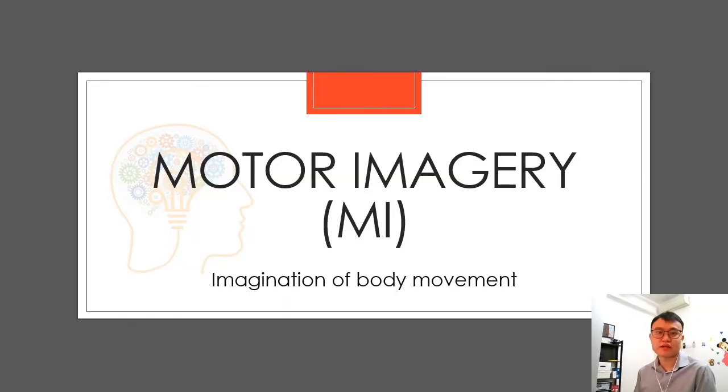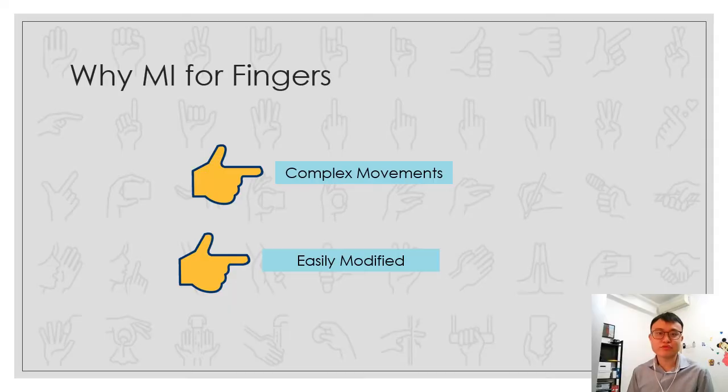Another term that I would like to discuss is motor imagery, MI. Motor imagery is the imagination of body movements or motor movements. In this project, we will be classifying the motor imagery for the 5 fingers. Why do we choose to start by classifying motor imagery for fingers?